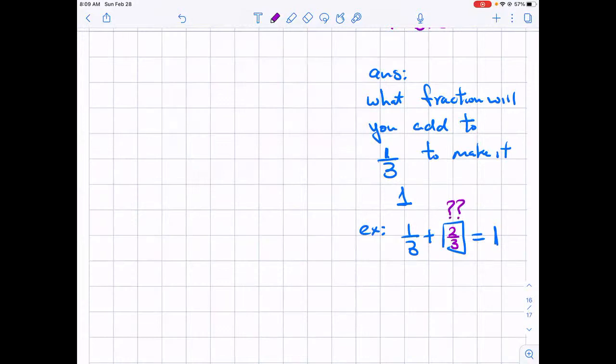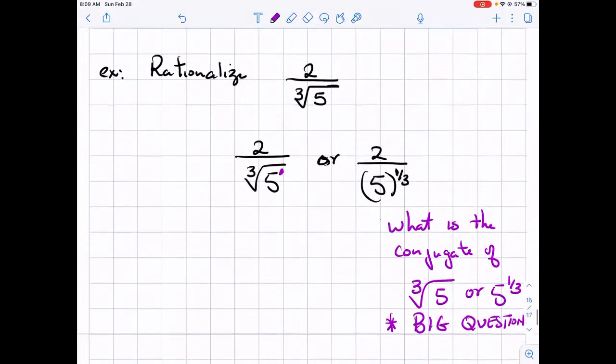And that's the whole idea. When you have a square root, which is the 1/2 power, 1/2 plus 1/2 is 1. So that's why we just multiply by itself. But if it's a cube root, you cannot multiply by the cube root.